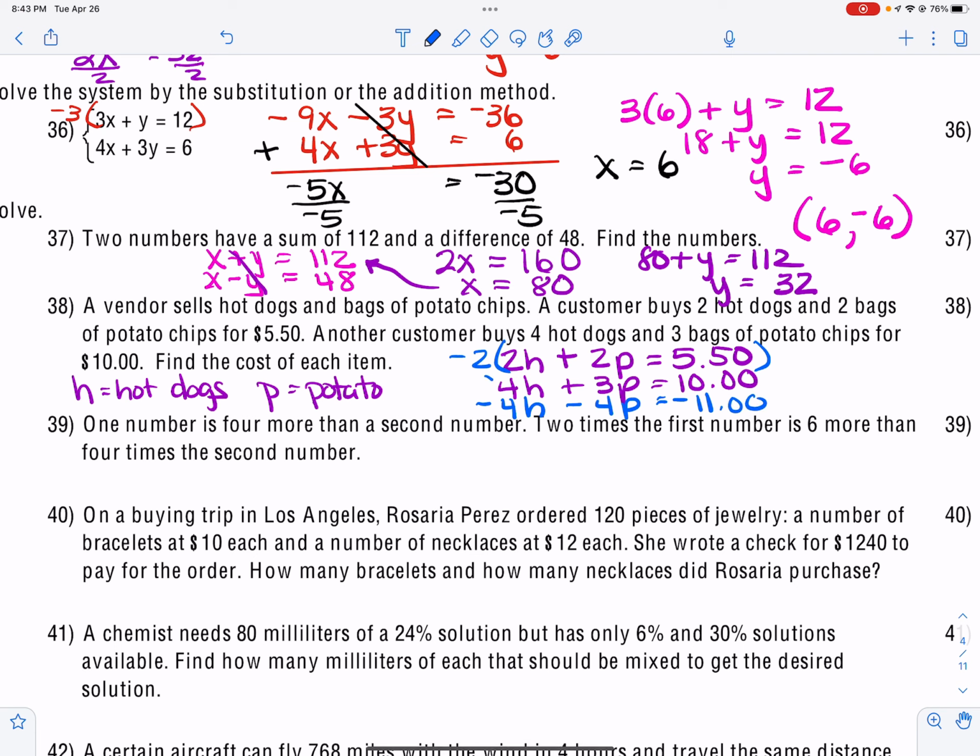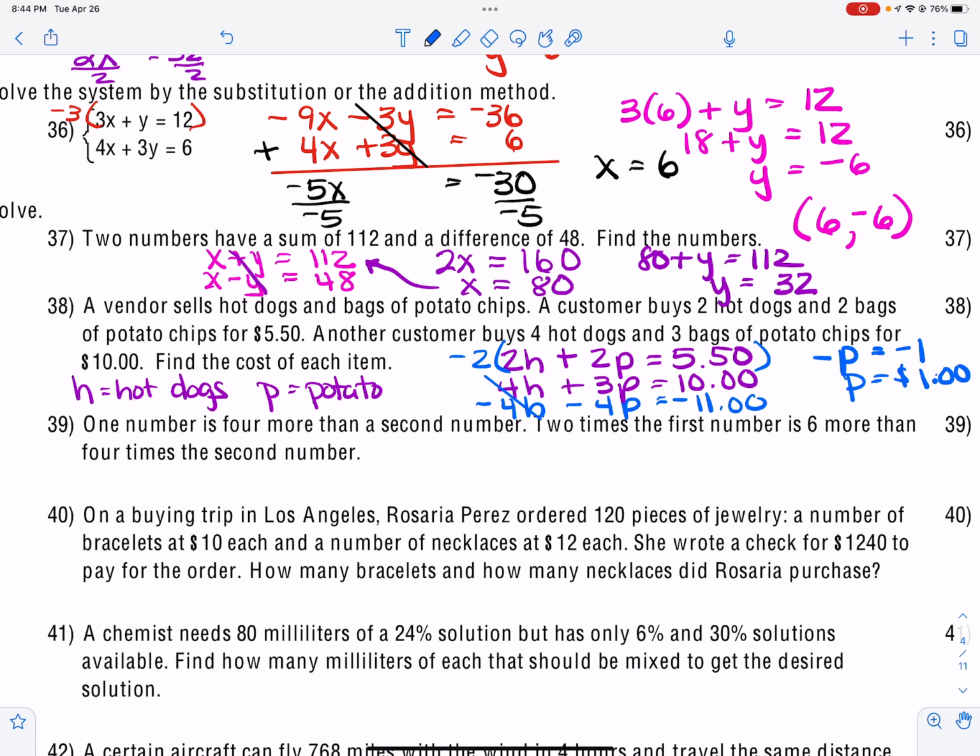And so then the h terms are going to cross off, and 3p minus 4p is -p, and 10 minus 11 is -1. So potato chips cost $1.